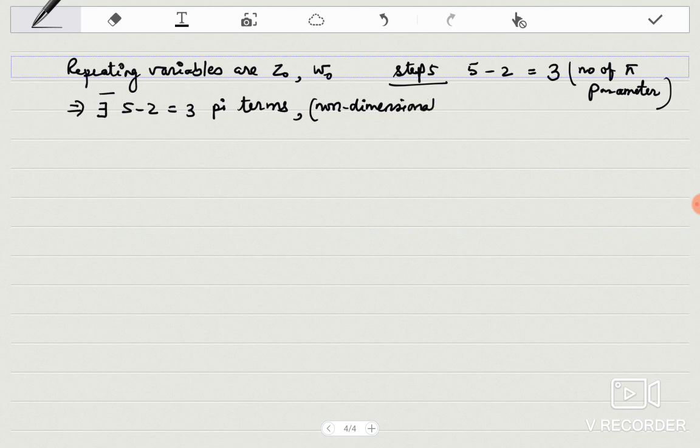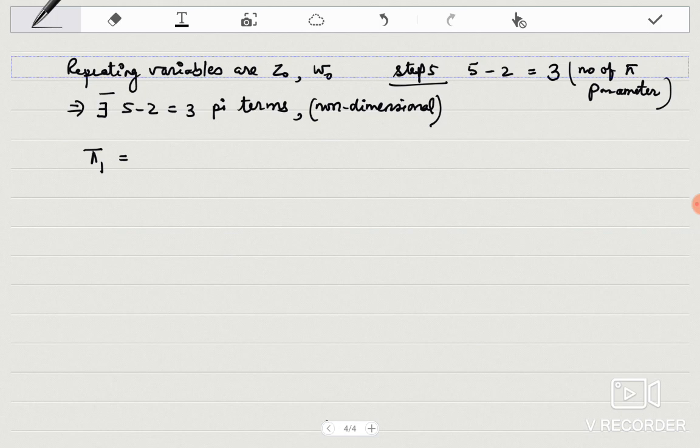Now how do I write these pi terms? I will have 3: pi 1, pi 2 and pi 3. So what will be pi 1? This would be written in terms of the remaining parameters, like pi 1 may be written for g, pi 1 may be written for remaining t.